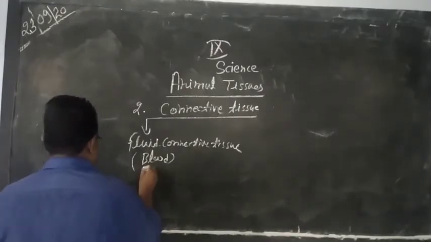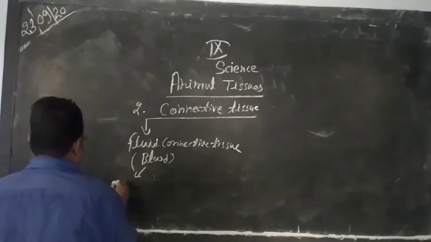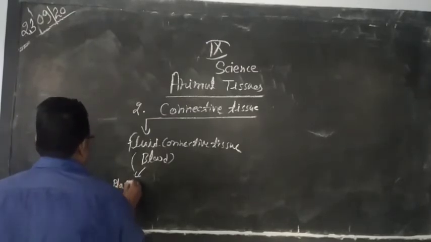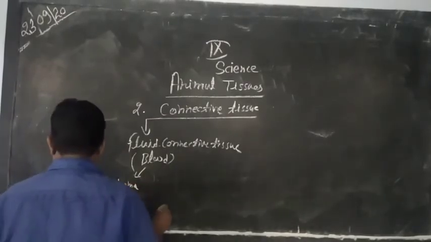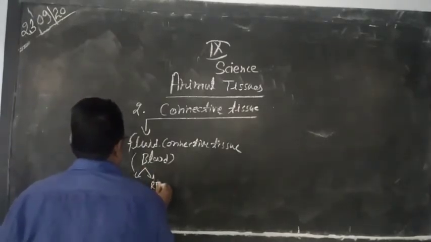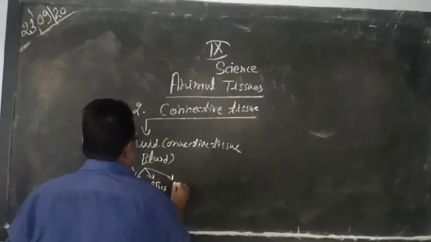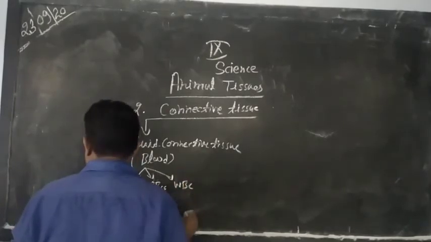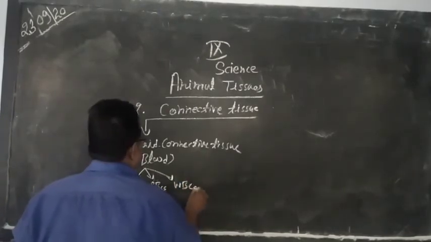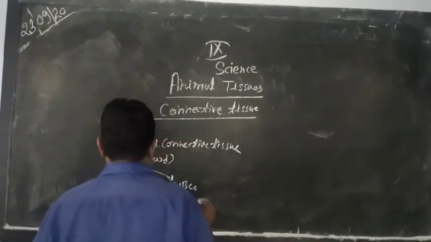It contains the following cells: plasma, RBC, red blood cells, WBC, white blood cells, and platelets.